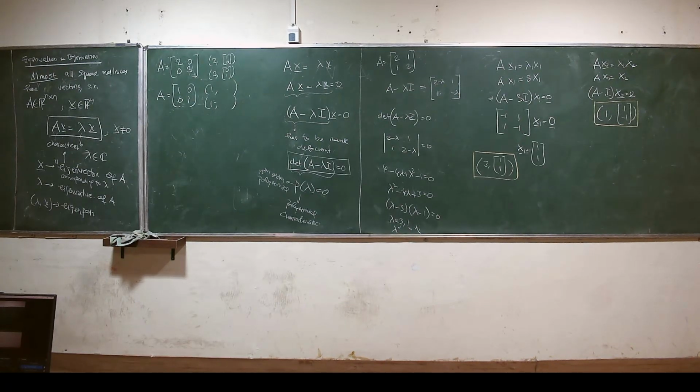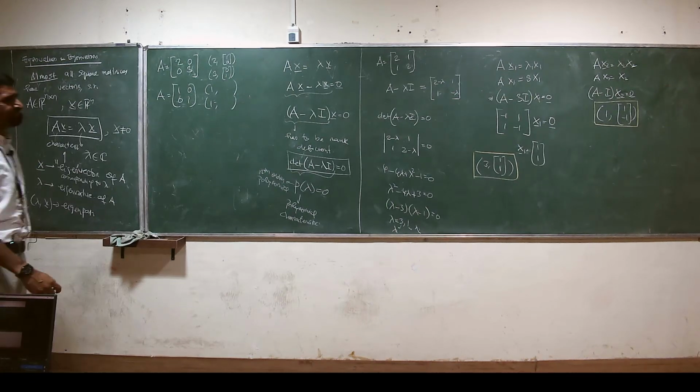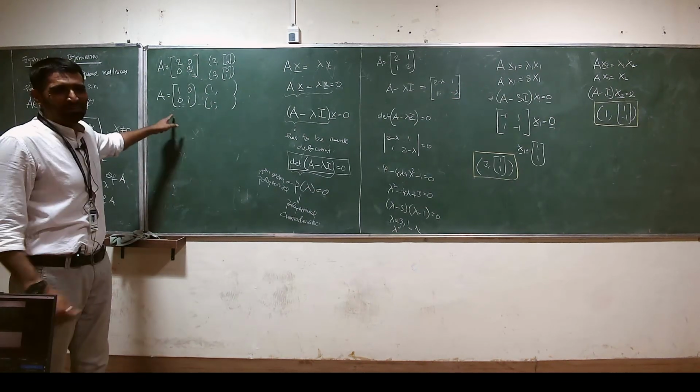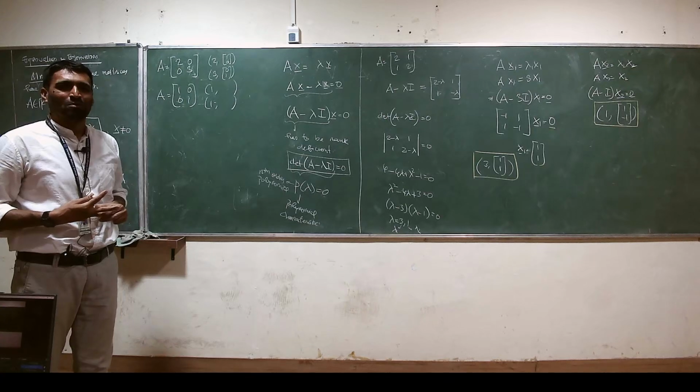We will want the eigenvectors, but the eigenvalues are the same. You can get two because you can choose anything you want. That's why I put this problem. So what do we do now?